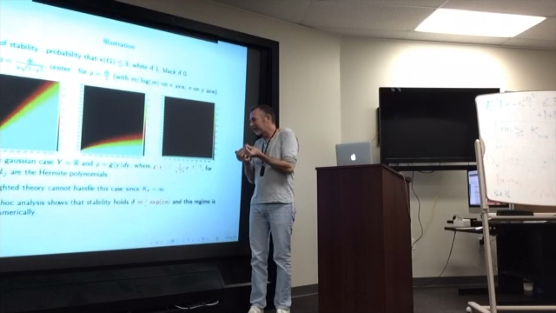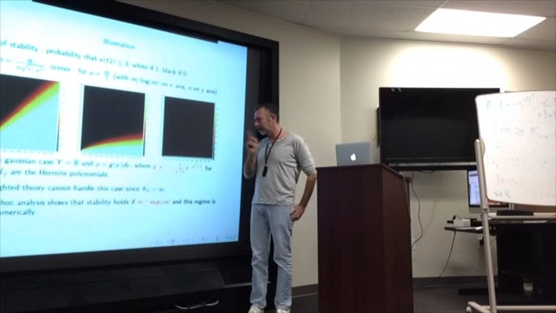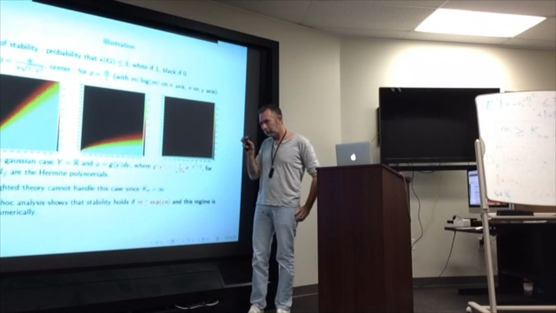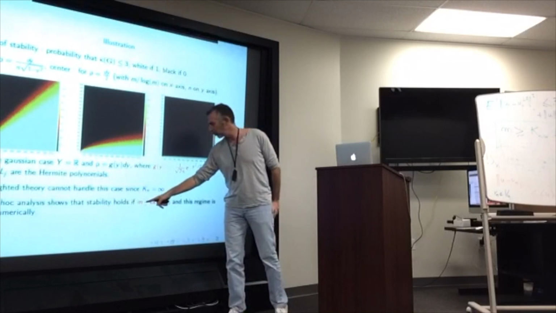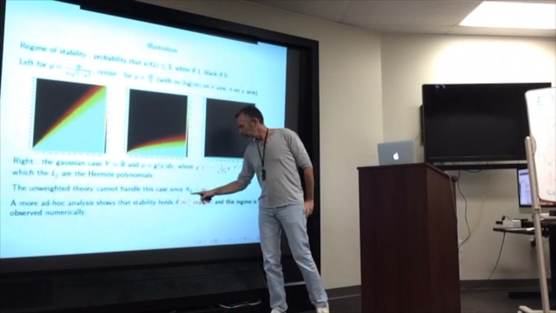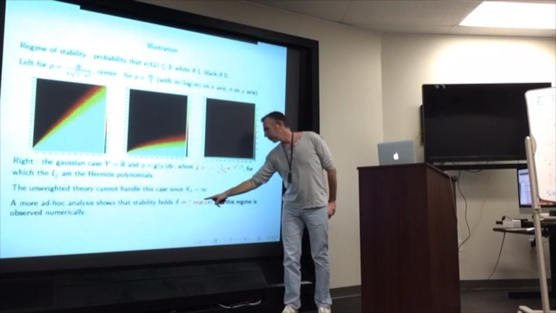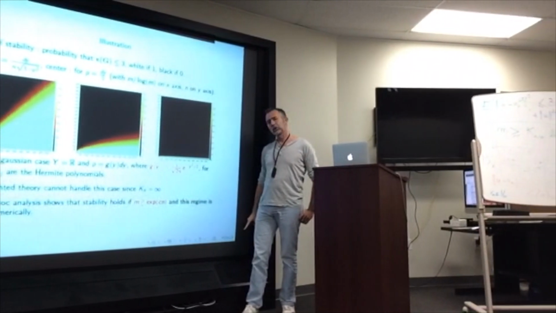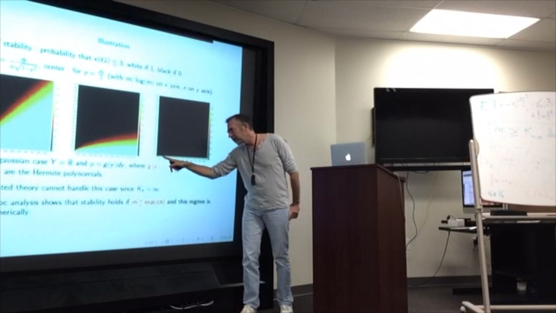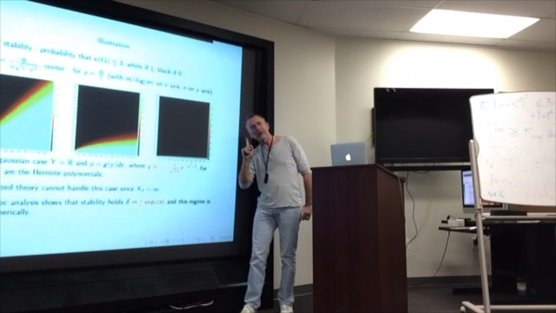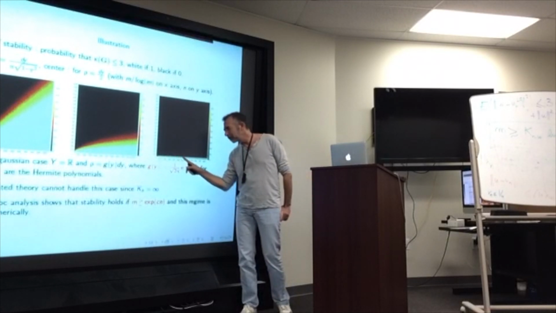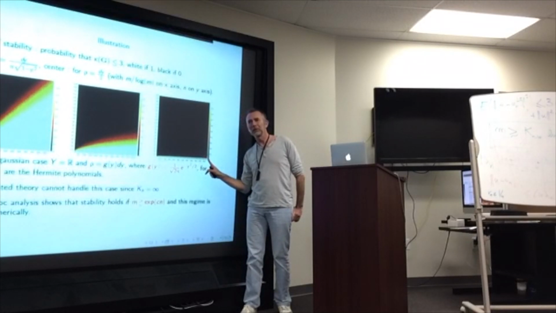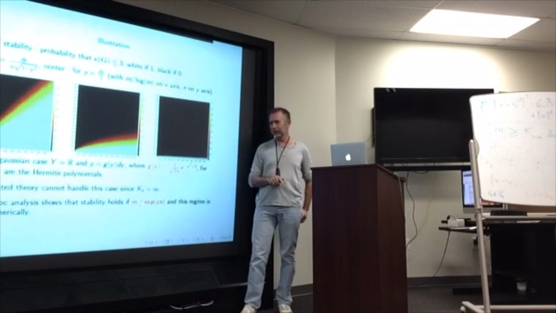You can try to find something ad hoc to understand when there is stability, and you actually find something. By hand, you find that stability holds, but with an amount of samples which is extremely prohibitive. It's actually exponential in the dimension. And this is what you see if you look very carefully. You have a little regime here where you are stable, but it's absolutely prohibitive.